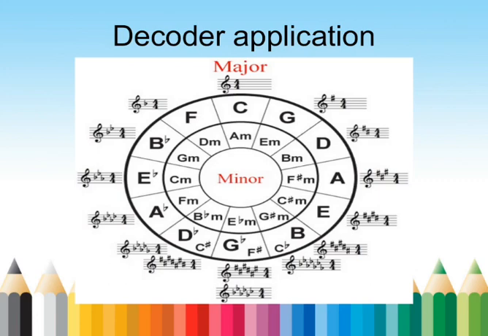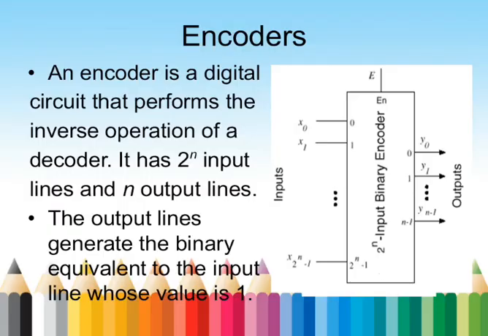And next we will discuss the encoder. Similar to the decoder, the encoder circuit consists of multiple inputs and multiple outputs. An encoder is a digital combinational circuit that performs the reverse operation of a decoder. That means an encoder has 2 power n input lines and n output lines.